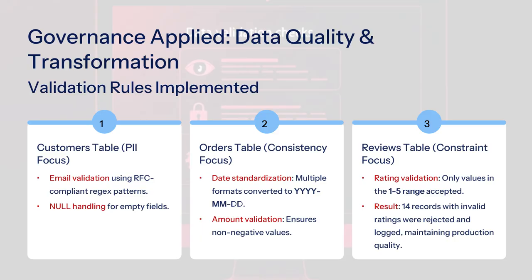For orders, date formats are standardized, with non-negative amount checks to ensure the amount is non-negative, and foreign key validations, etc. For reviews, ratings must be between 1 and 5. 14 invalid rows were logged and quarantined, preventing biased or corrupted sentiment data. And for products, we use type enforcement and schema-standardized fields. These rules ensure the warehouse receives clean, accurate, analytics-ready data.